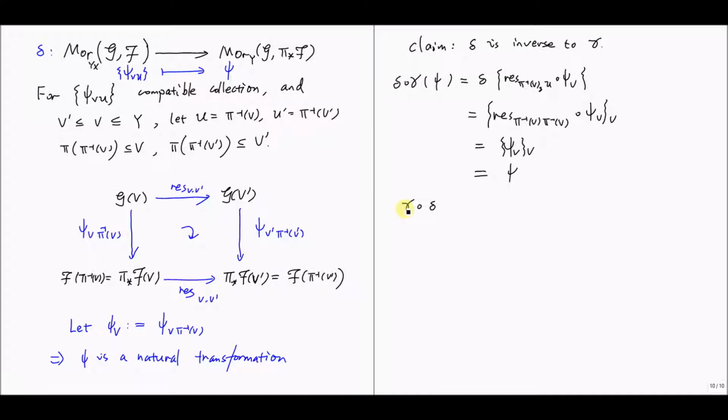On the other hand, gamma composed with delta acting on an arbitrary compatible collection will be equal to some gamma of psi, where this psi is defined in this way. And this is equal to the collection with individual terms to be the composition.